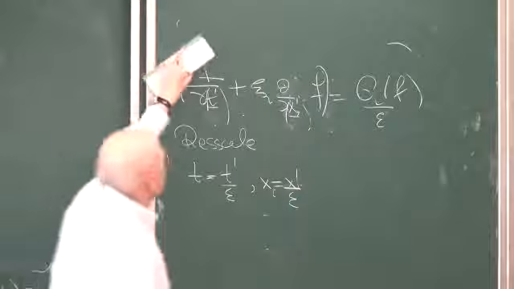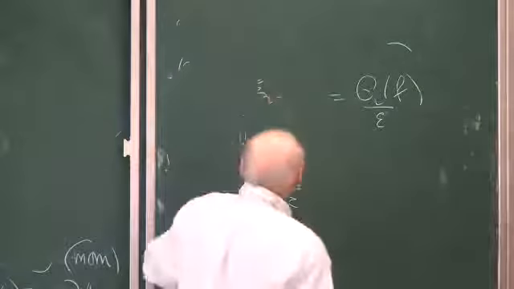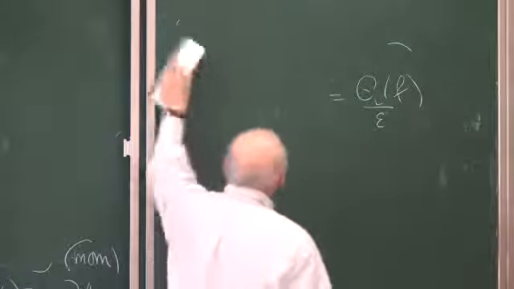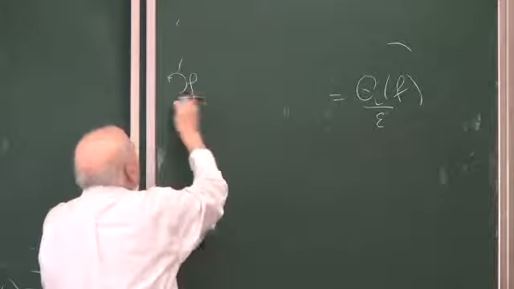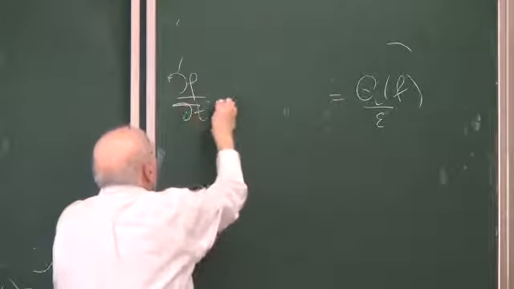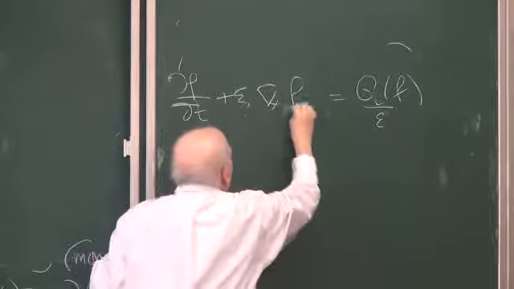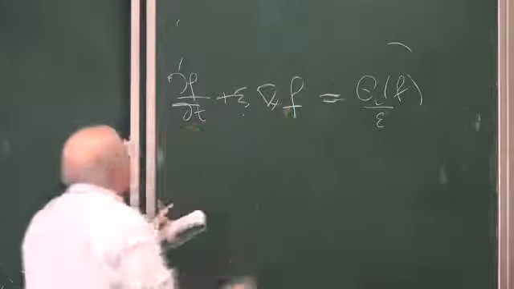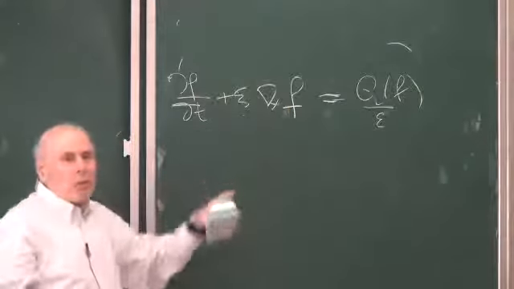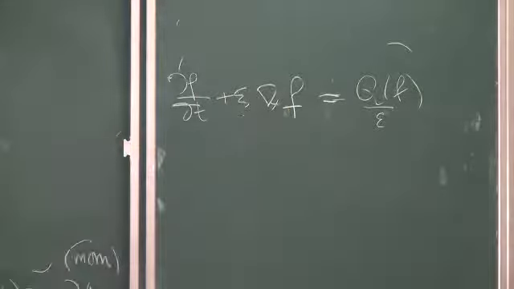So let's rewrite the left-hand side. After I did the rescaling, the equation looks like this, where the t and the x, in fact, are the new ones, but I don't want to worry about the prime each time I write it. So on the macroscopic scale, the equation looks like this.